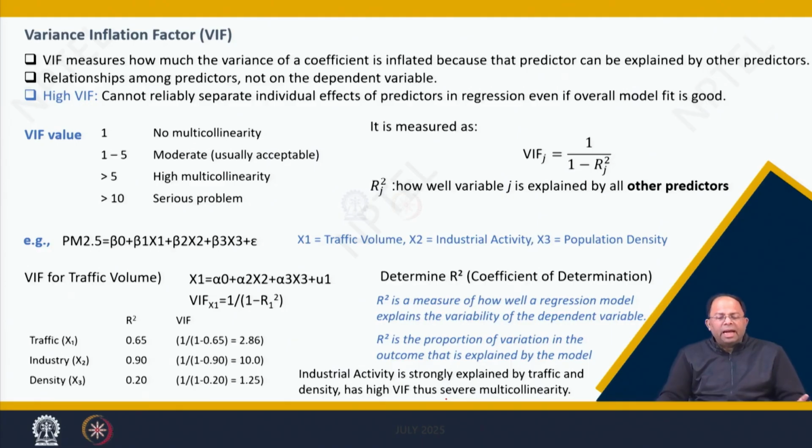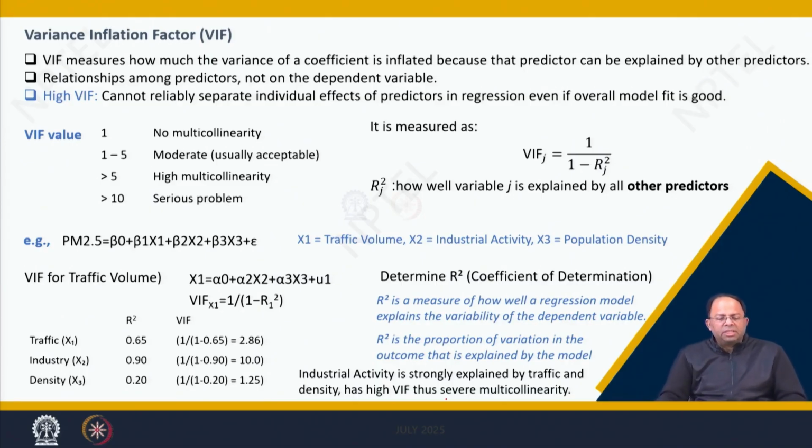That means the idea is to measure how that particular coefficient is being represented in a particular model. Is it overinflated or not? If I take only those variables which are the predictors and do a correlation or a regression model, I can find out which ones are more related and so on.